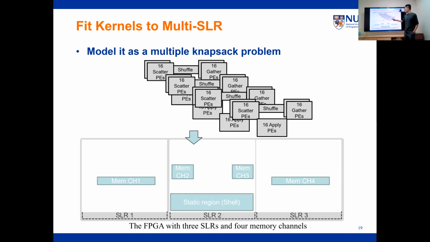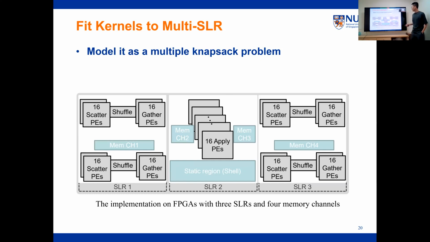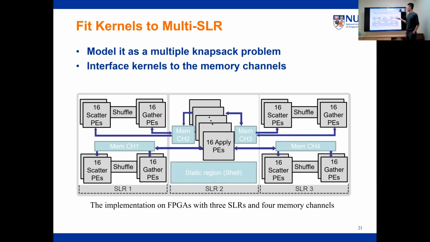Then we try to fit them into the multiple SLRs by tuning the parameters of all the kinds of PEs. So we fit them into SLRs, and finally we interface kernels with the memory channels to produce the synthesizable code for the development environment.